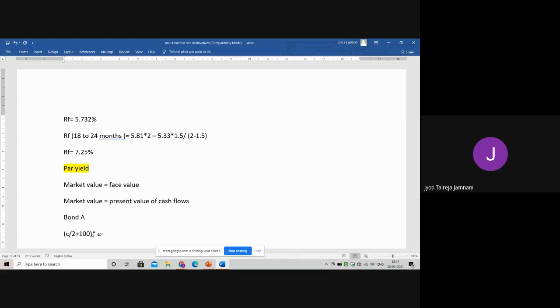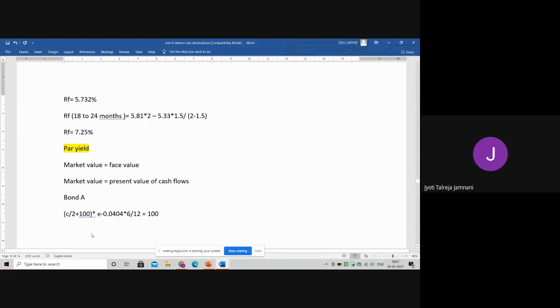For R we can take the zero rate we have calculated for bond A, which was 4.04%. So minus 0.0404 into 6 by 12. We have to equate this to the face value, which is 100 for each bond. If we solve this equation, we will get the value of C.